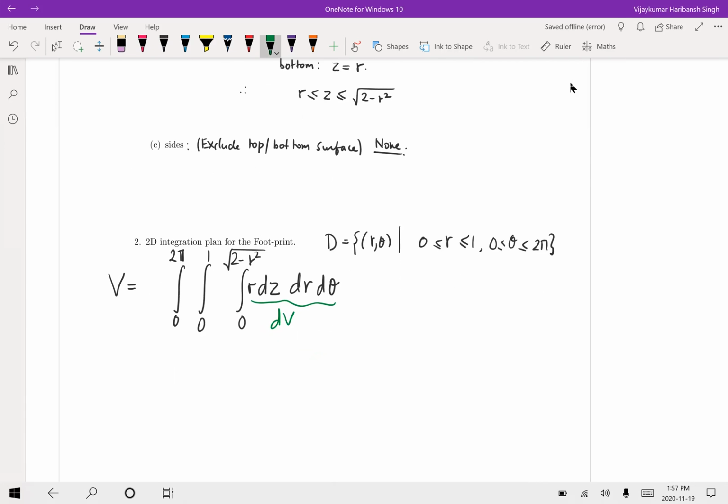So now we have to compute the integration. Let's compute the integration of dz. This is going to be 0 to 2 pi, 0 to 1, and the dz integration is z, so r times z at the upper limit, which is square root of 2 minus r squared, and we have dr d theta.